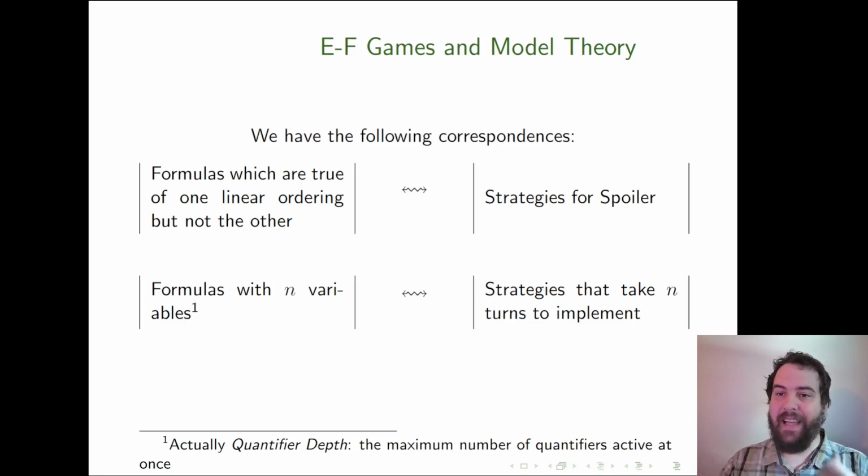So by analyzing the strategies that are available to spoiler, not only can we determine whether or not there is a formula to distinguish these two linear orderings, but we can also reason about how big that formula is, how many variables that formula is. This is an incredibly powerful tool, and we can use it to prove logical indistinguishability.